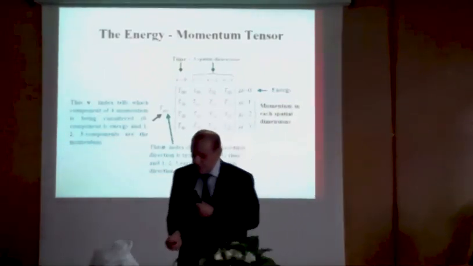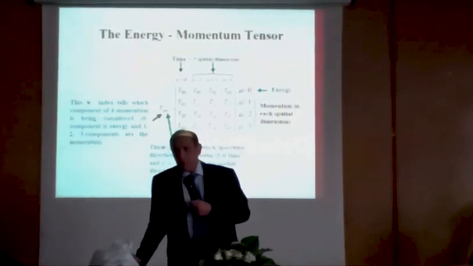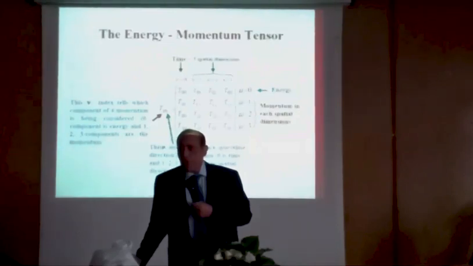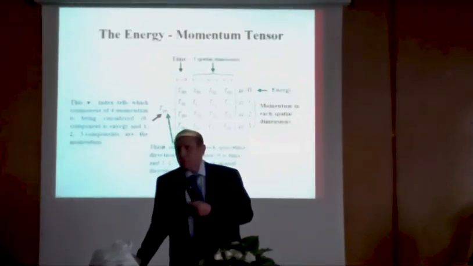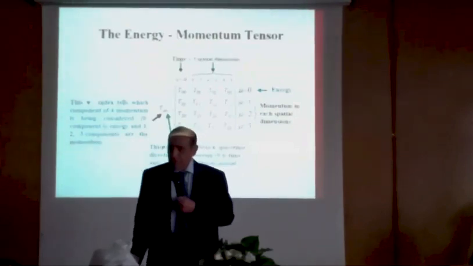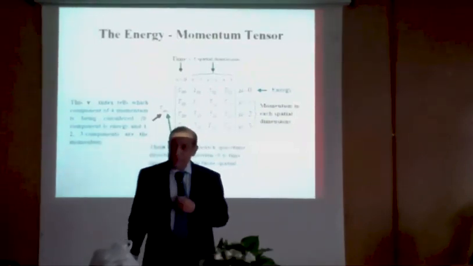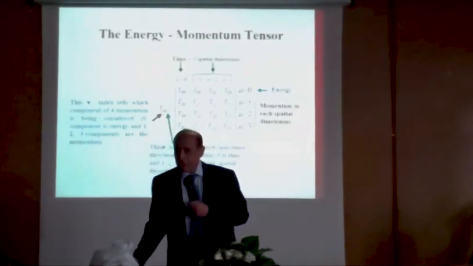As I said, whenever I have a problem in general relativity, the most important thing is how to write down the energy momentum tensor. And that depends upon the particular situation. If I want to apply this in free space, what do I get? Zero. Because the energy momentum tensor describes matter. In empty space, I don't have matter, and the tensor is 0.